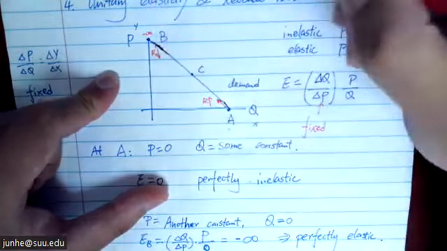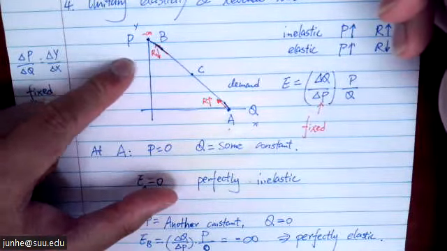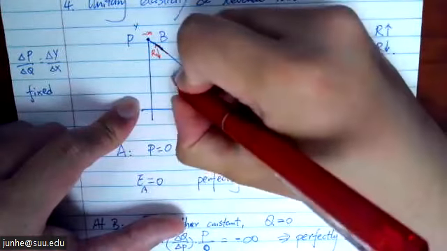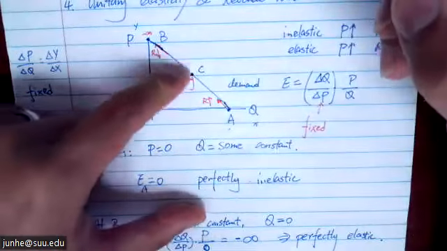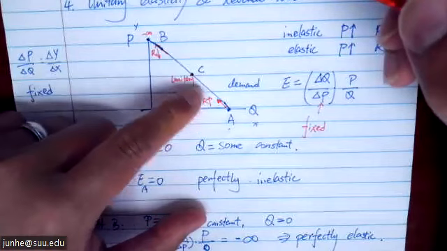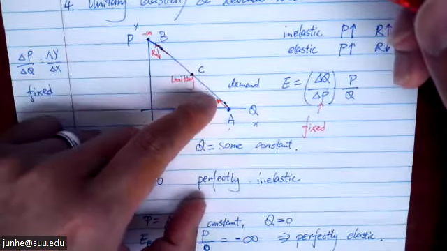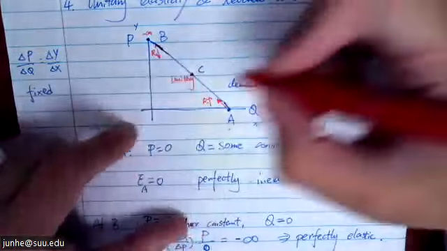Going this way, if we find the unitary elastic point, say point C, then from A to C, where the consumer is inelastic, you can raise your price to increase revenue.